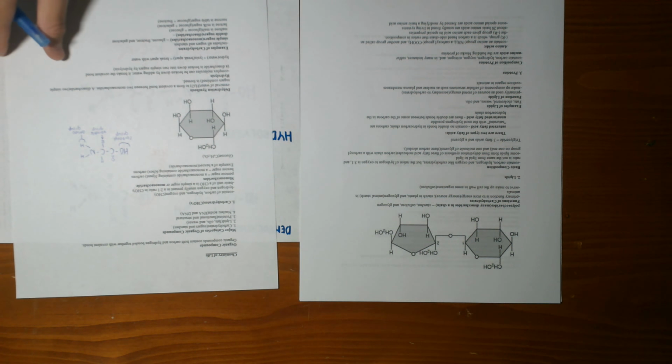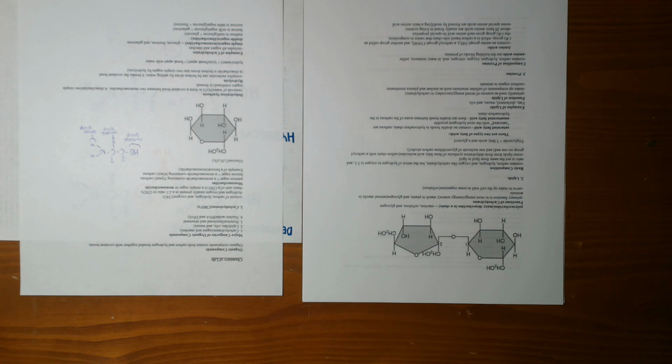And so amino acids, what are they? They contain an amino group, NH2, a carboxyl group, COOH, and another group called an R group, a carbon-based side chain that varies in composition.